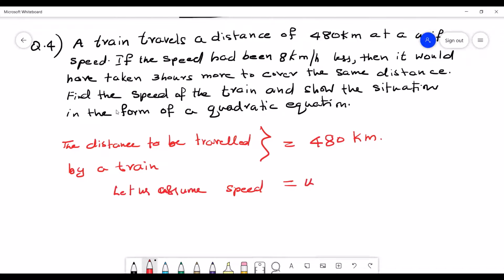If u is the speed, then we know the equation: speed is equal to distance by time.